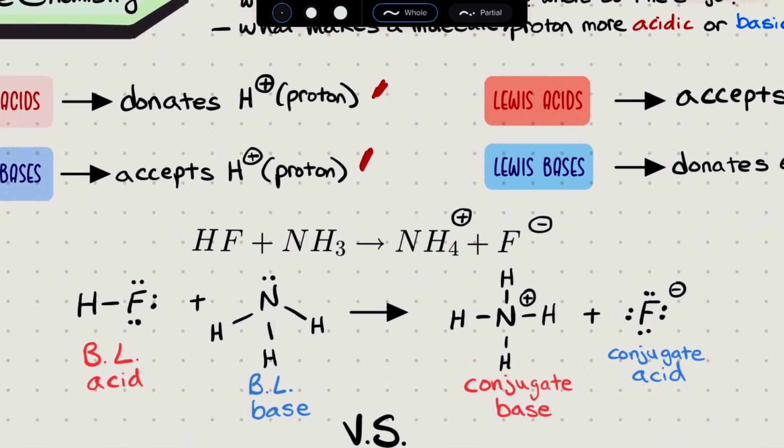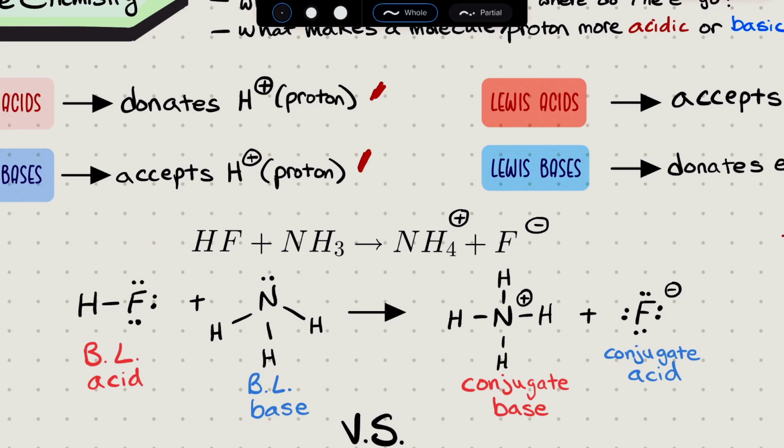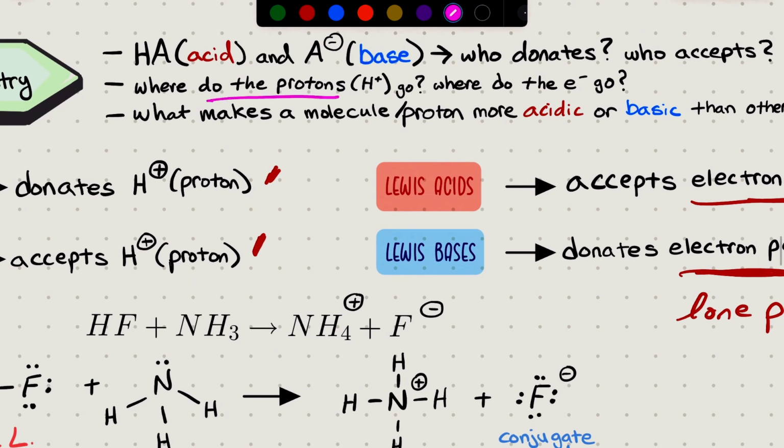So here's a classic example of a Bronsted-Lowry acid base. We have HF plus ammonia turns into ammonium and the fluoride ion. What I'm going to demonstrate now is a classic demonstration of what is called a tail to head arrow, which I believe was referenced in lab, but now I'm going to demonstrate another fundamental bit of OChem, which is that we draw arrows a lot because, again, the key question is, where did the protons go?